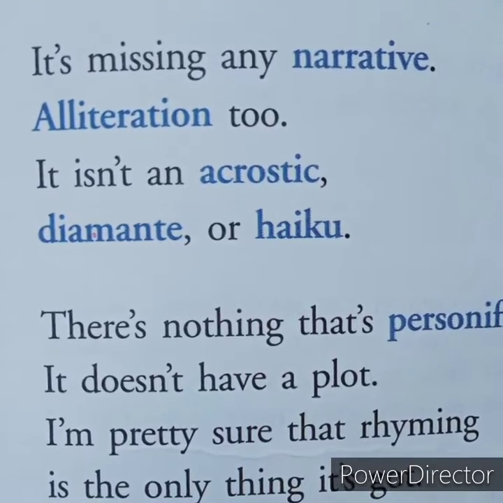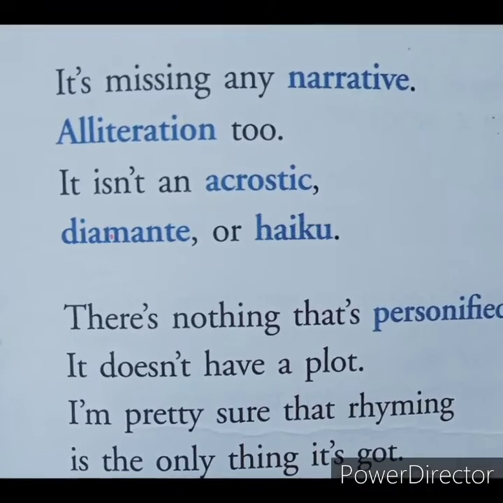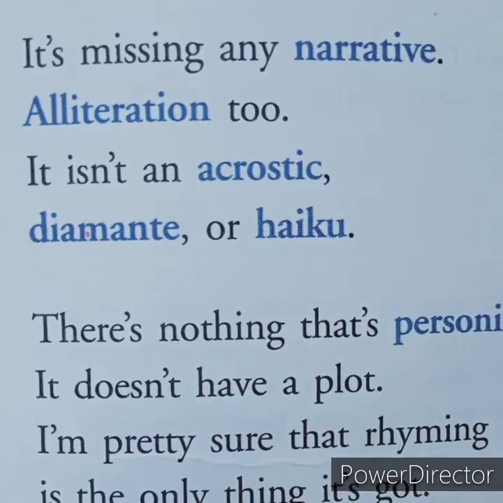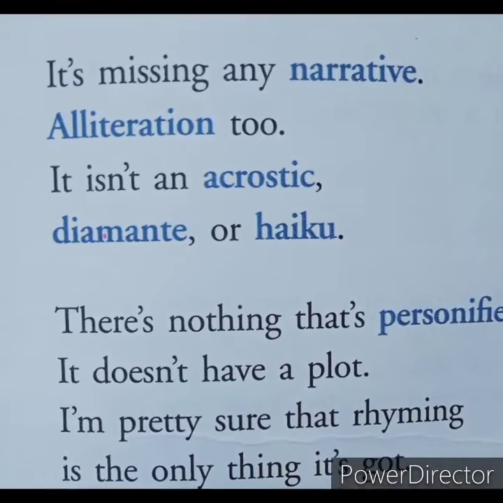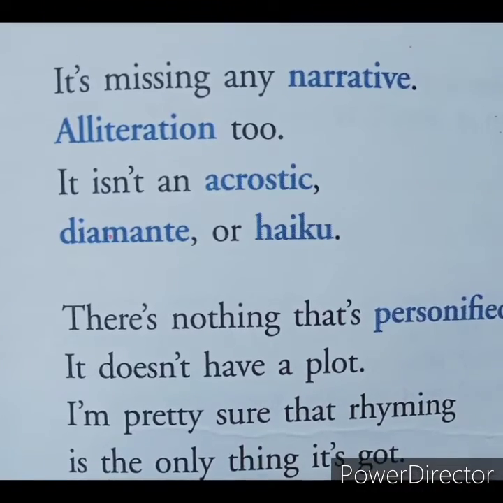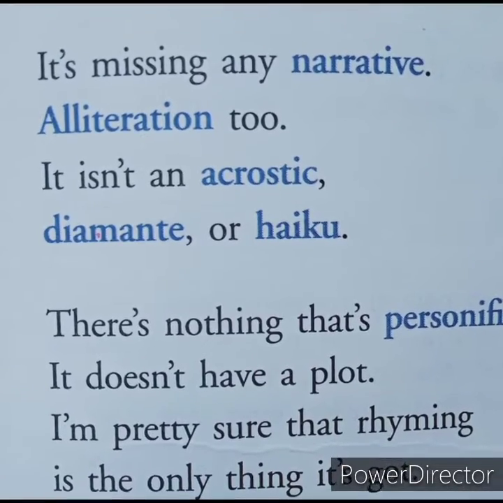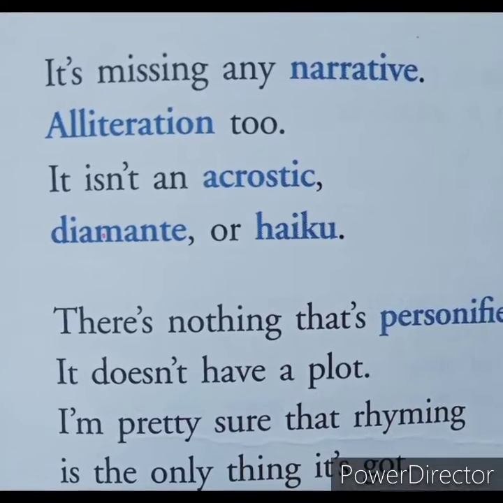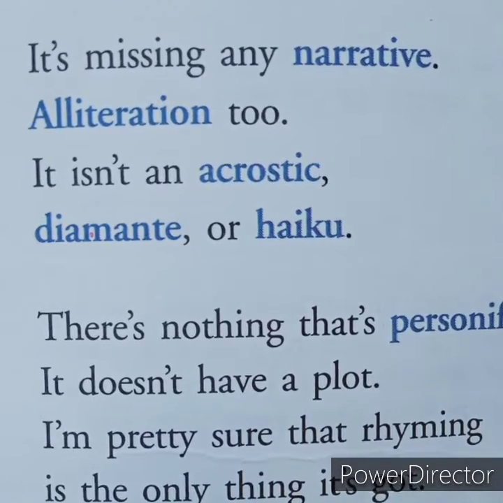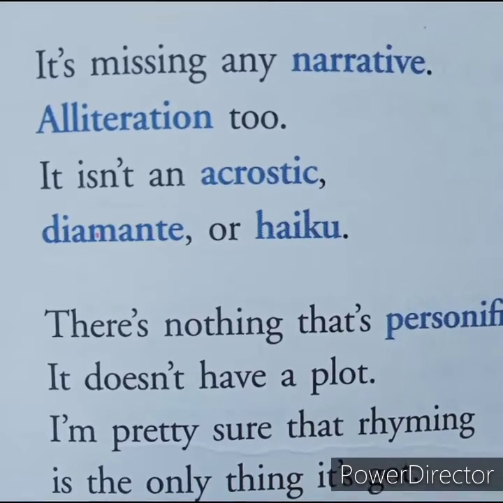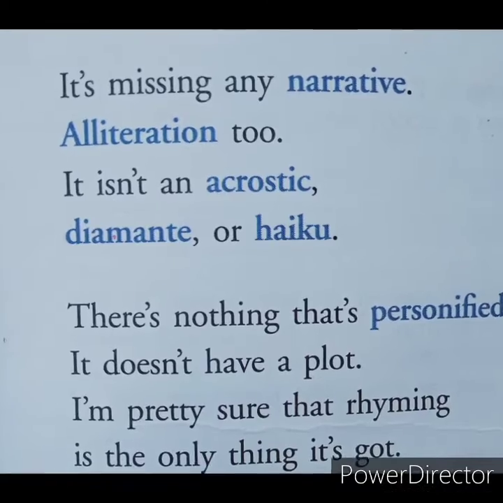In the fourth stanza also, the poet writes about other essential poetic and literary elements missing in the poem. The poem did not have personification and plot. The only poetic element it had was a rhyming scheme. Personified means given human qualities.